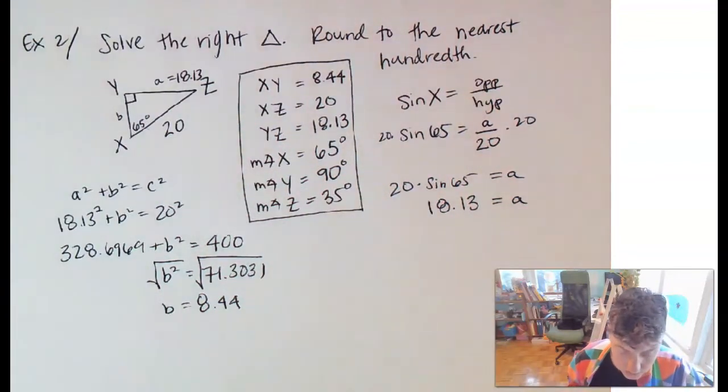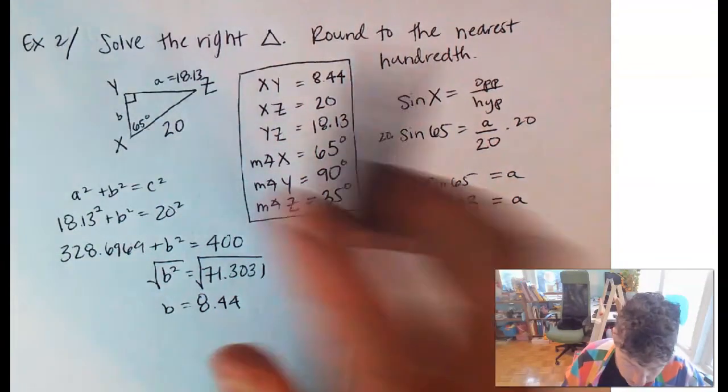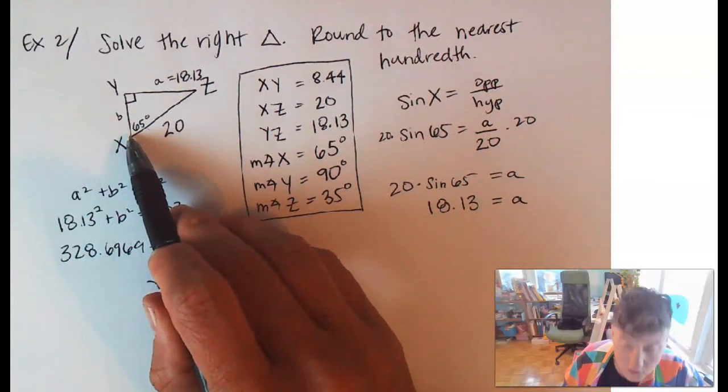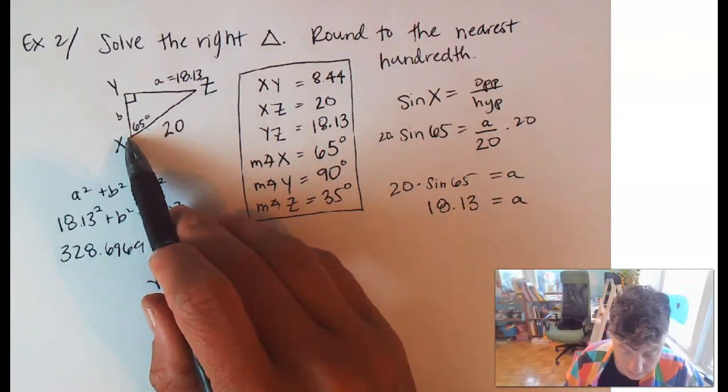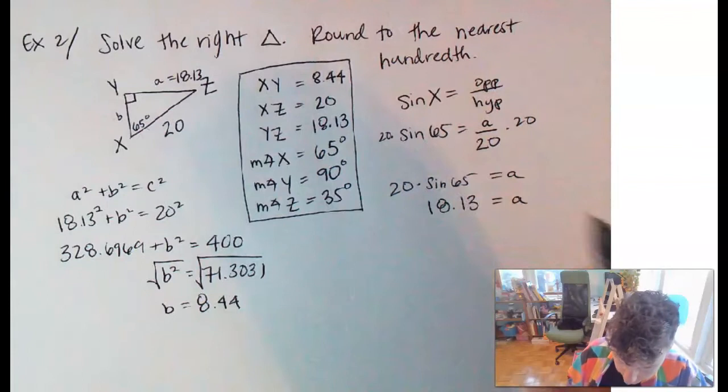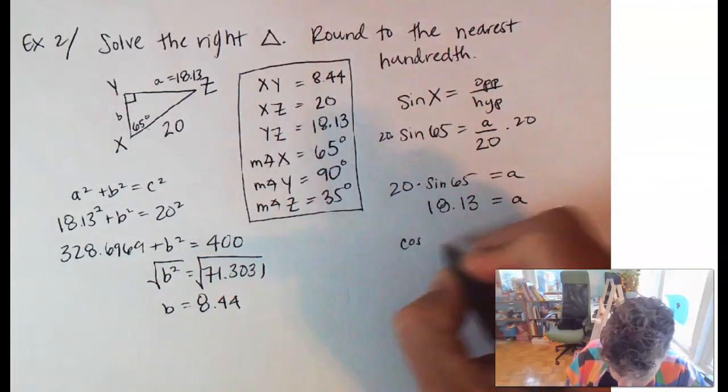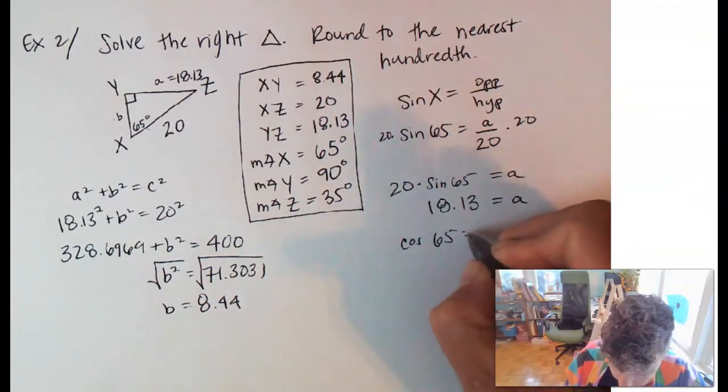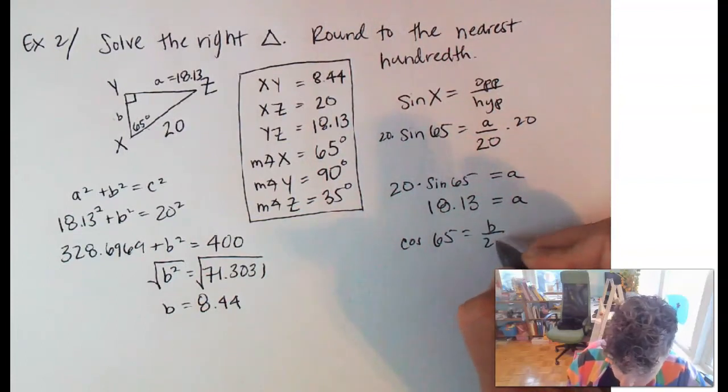Now we could also have used cosine of 65 would equal B over 20, right? Because cosine of X is the adjacent side over the hypotenuse.